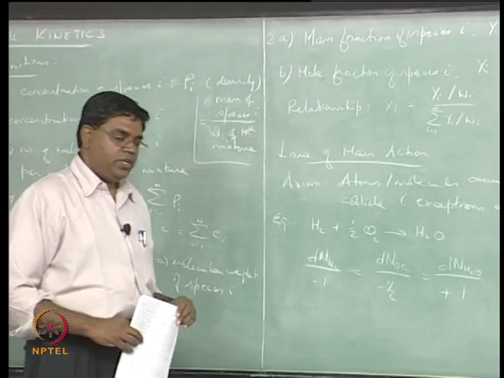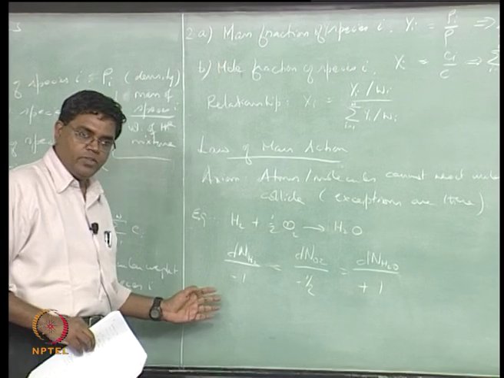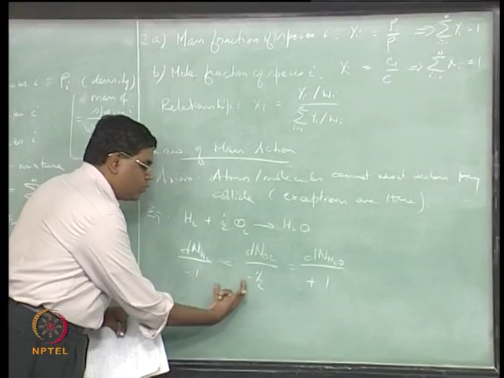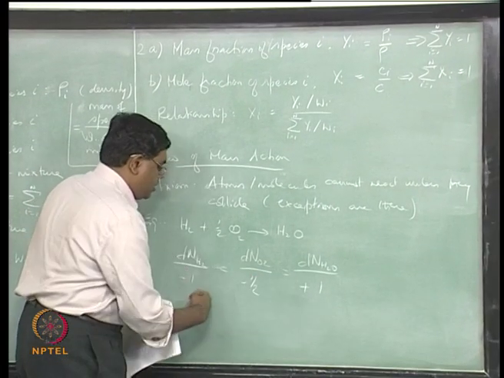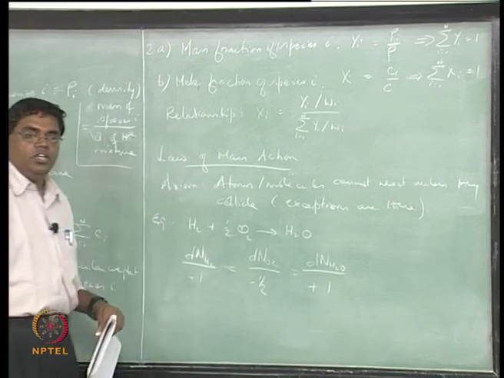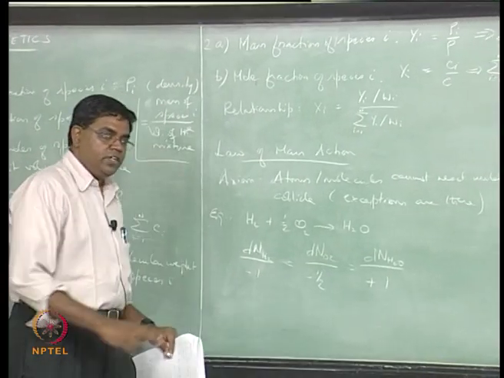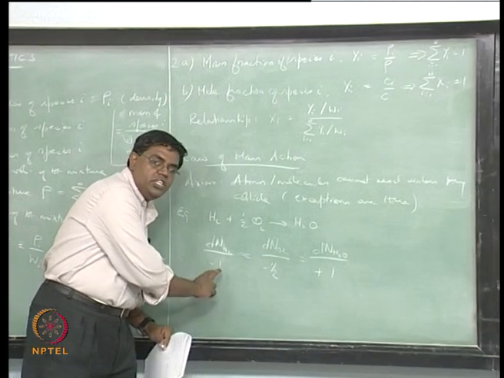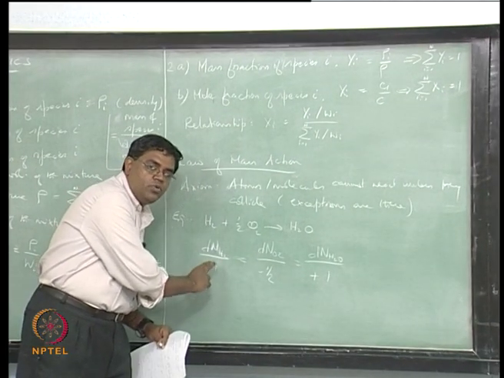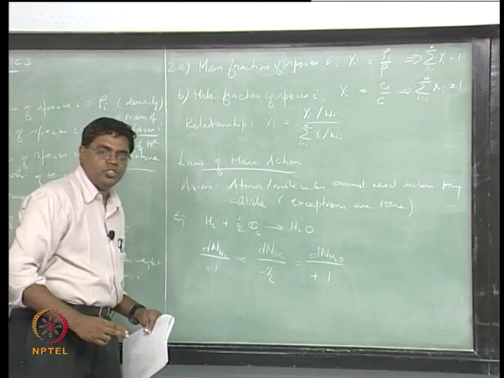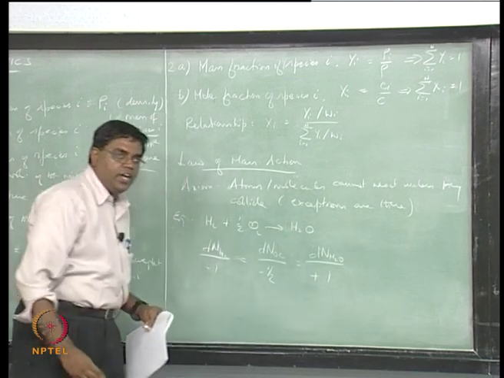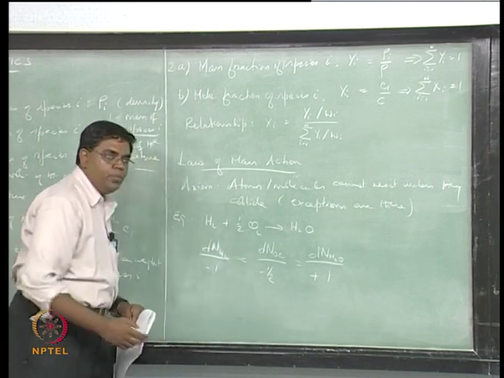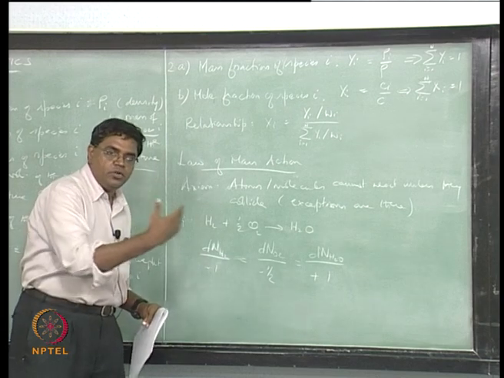So this is actually 3 equations. This is one equation, this is another equation, and these two together is another equation. Each of these 3 equations effectively relates what should be the change in the number of moles of hydrogen for a corresponding change in the number of moles of oxygen, and so on. And the signs effectively tell you whether they are getting depleted versus getting produced.